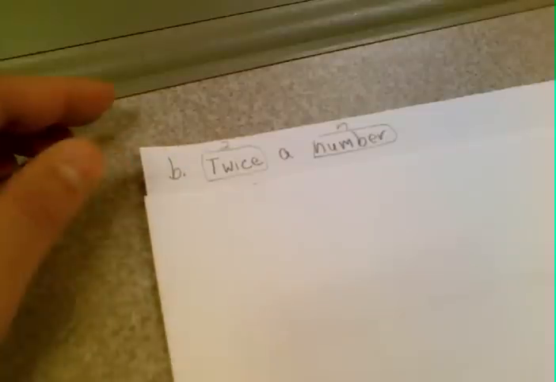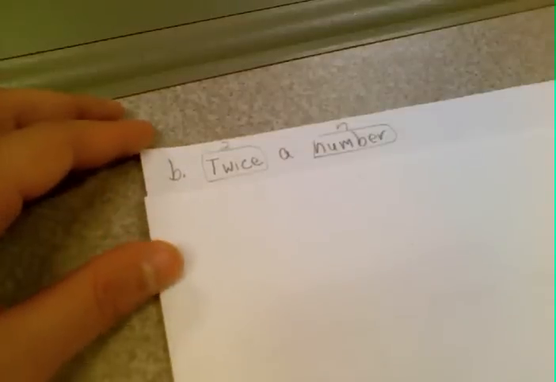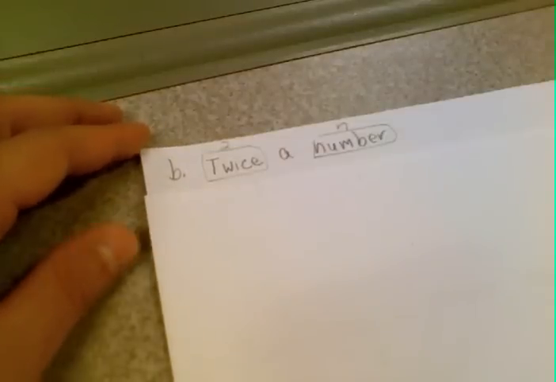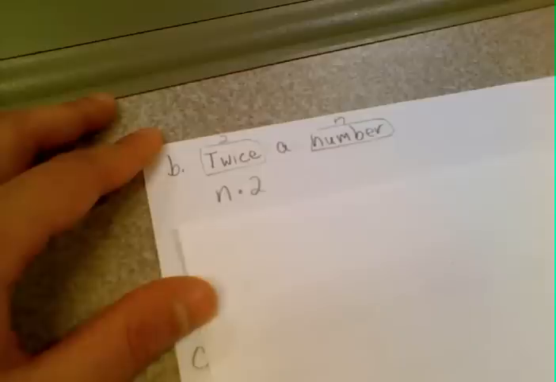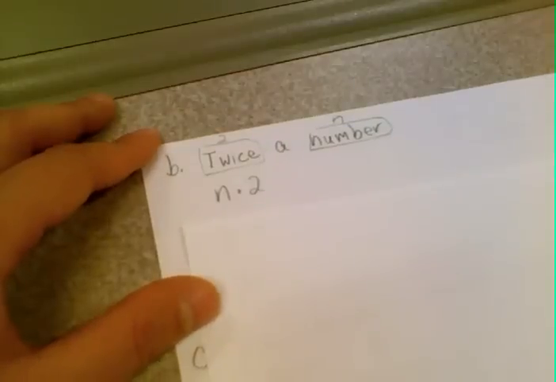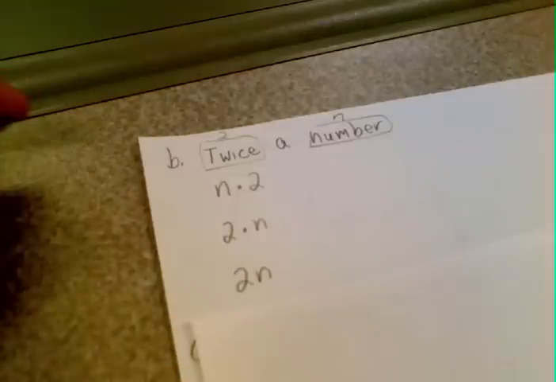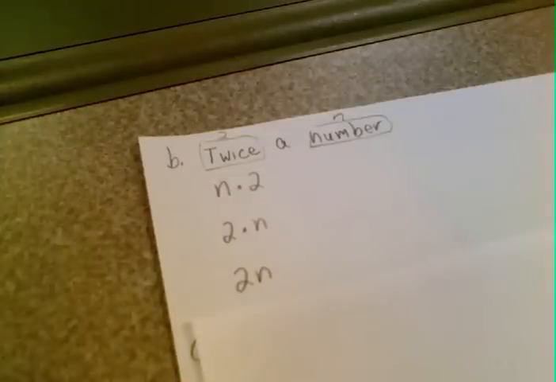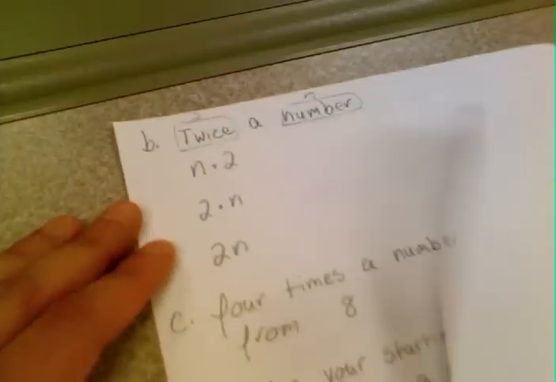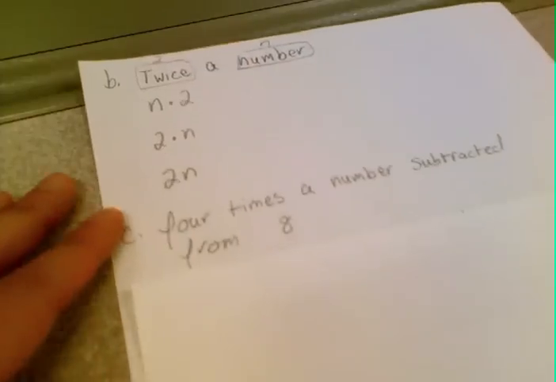So twice, you're going to think multiply there. So you might see here 2n, or n times 2, or 2 times n. But again, most of the time you're going to see this as 2n, twice the number. Again, if you're thinking, maybe think to yourself of a number and just take it times 2. All right?